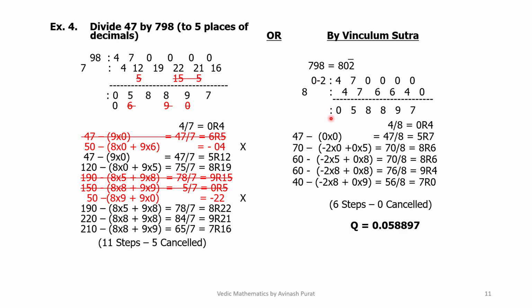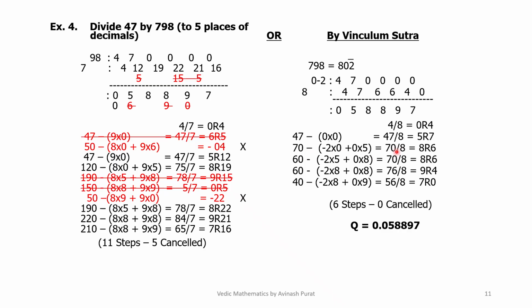Now 47 minus 0 into 0 equal to 47 divided by 8, that is 5 or 7. 5 is quotient and 7 is remainder. Now 70 minus 2 into 0 plus 5 into 0, that is also 0.